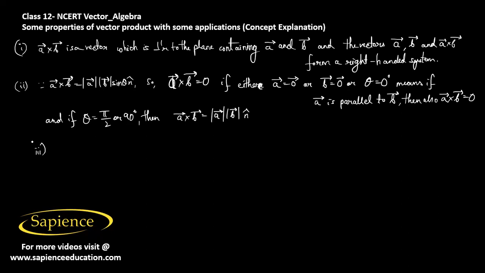And then the third rule is that we know that I cap cross I cap is equal to J cap cross J cap is equal to K cap cross K cap, that is equal to 0 vector.